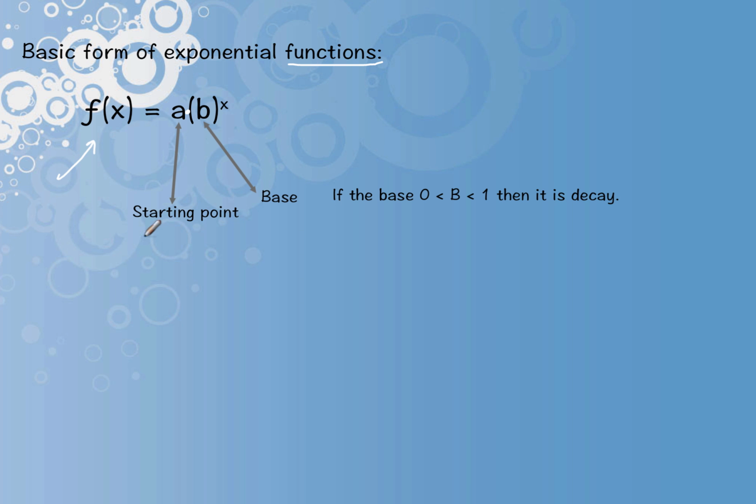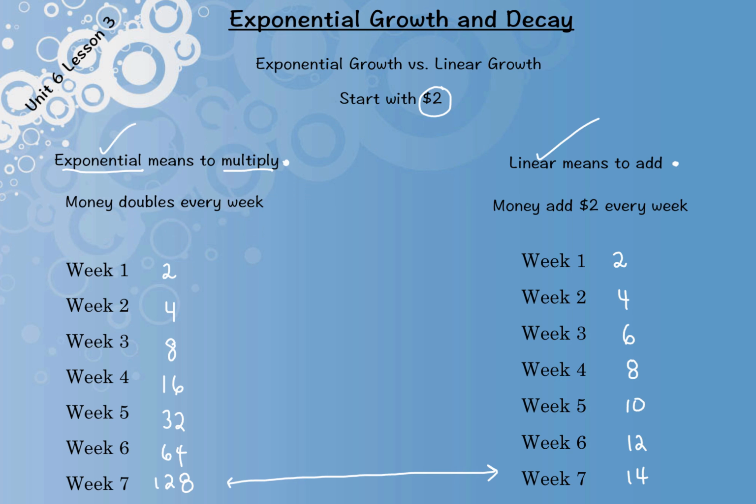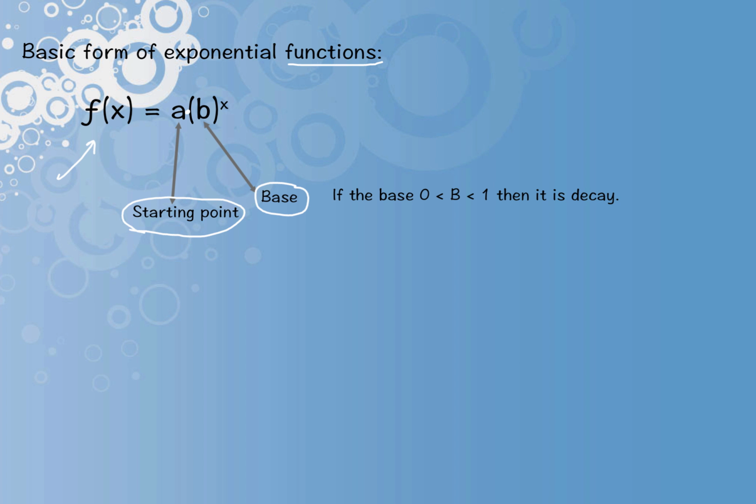So the general form says we always have a starting point, and that's what the letter A stands for. We have a base, and in the case of this example that we just did, our base was 2 because we were doubling. Again, we're going to get into that a little more in this unit. And then x is the time frame.